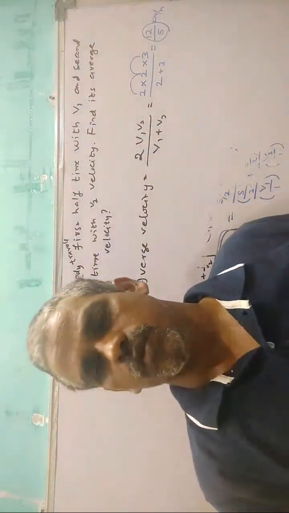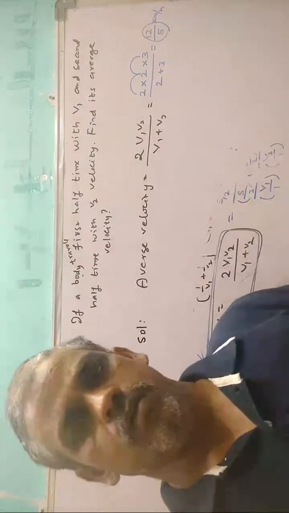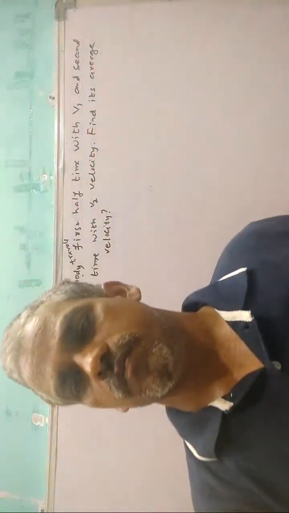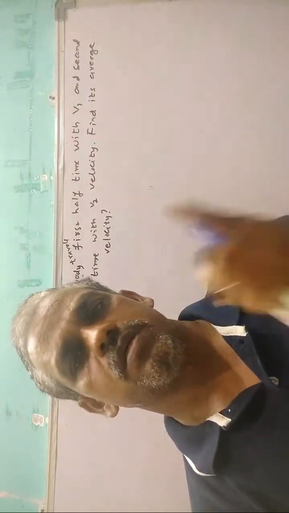This is a new question, hot question. We have one more formula. Last question, first half distance, second half distance. Here first half time, second half time. So what is the formula?